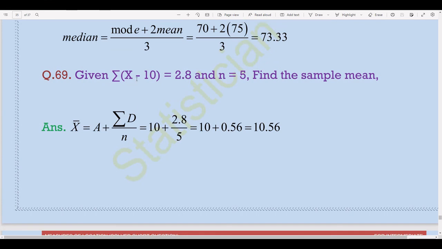In general form, d is equal to x minus a. x minus 10 means your a is 10. 10 plus the sum of deviations xi minus 10 shows d, the sum of d is equal to 2.8, divided by n, 5. So the answer is 10.56.